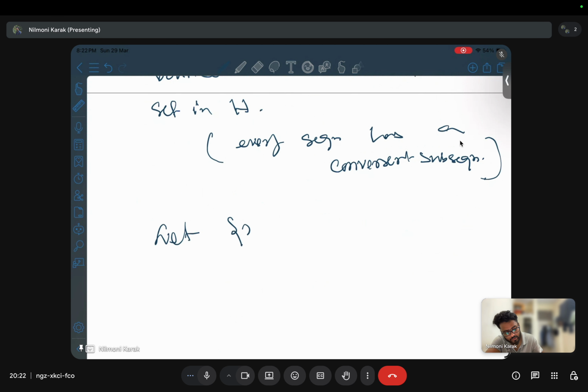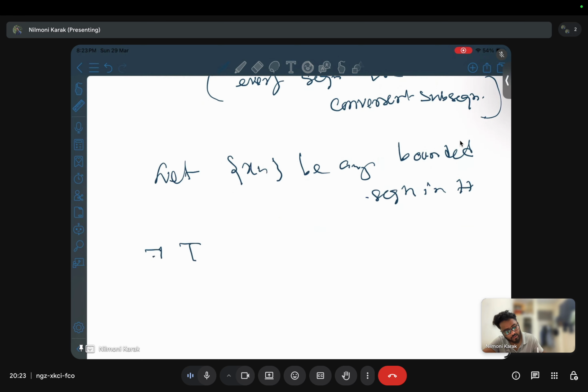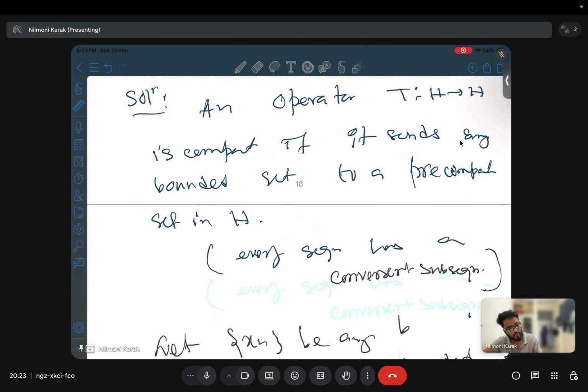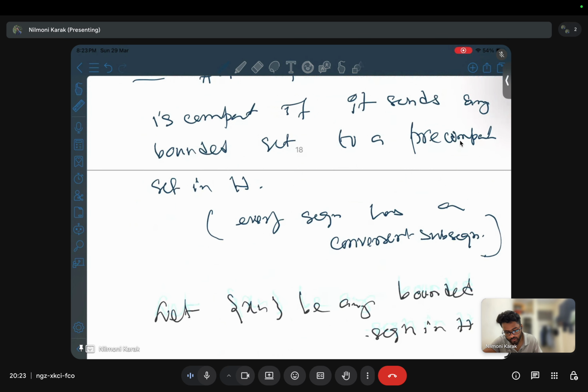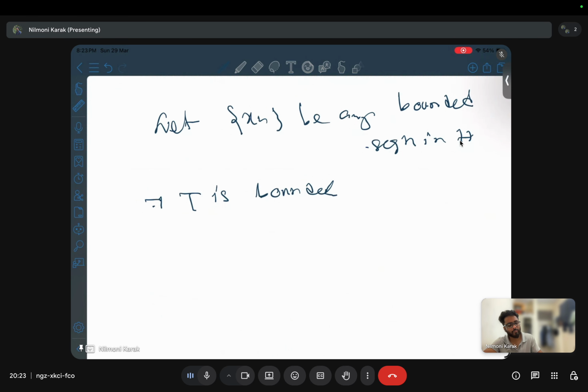So let Xn be any bounded sequence in H. T is a compact operator, and compact is bounded, so T is bounded.